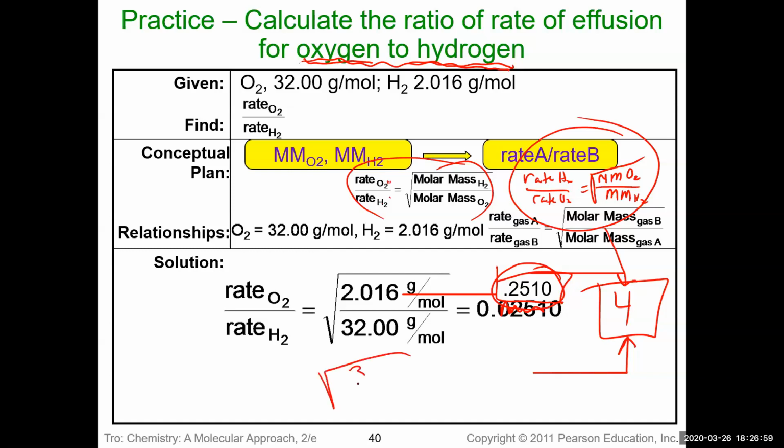You would have had 32.0 over 2.016. So you need to flip your answers, and then you would have gotten 0.25. That means oxygen travels at 0.25, 25% less quickly than hydrogen does.